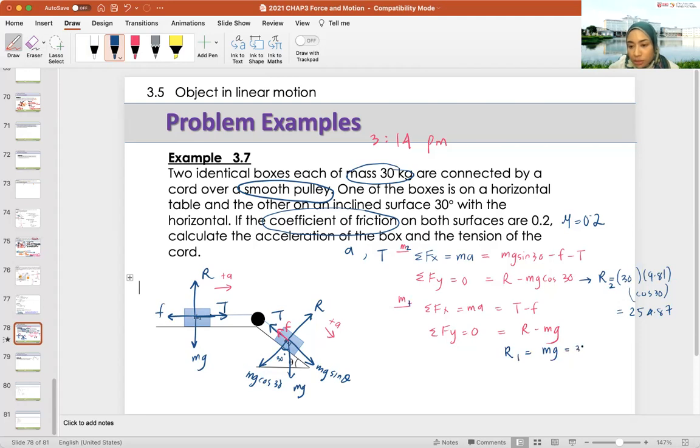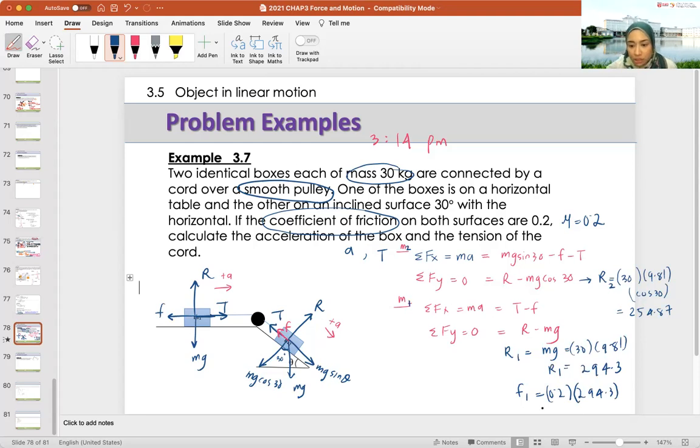So this is going to be 30 times 9.81 and R1 is 30 times 9.81. 294.3. Okay, so now from here, F1 is 0.2 times 294.3.